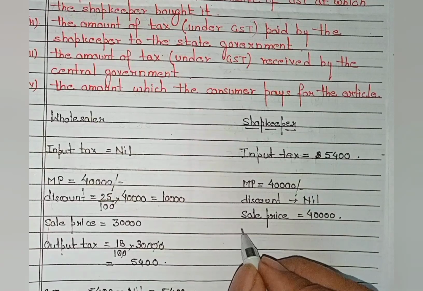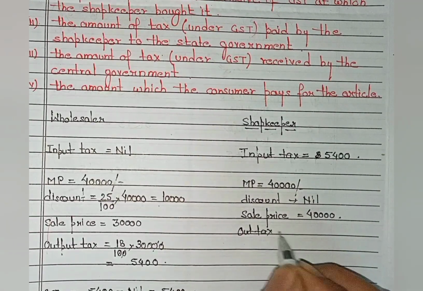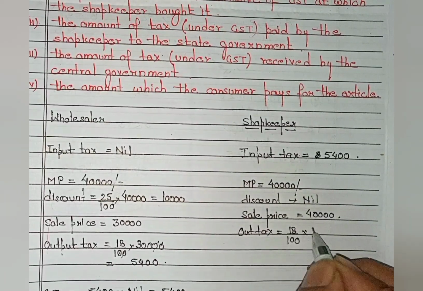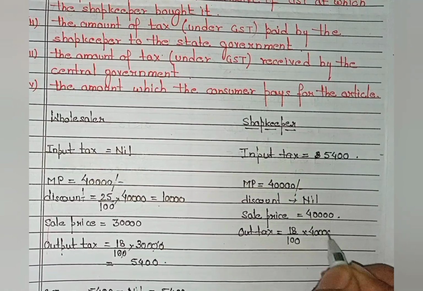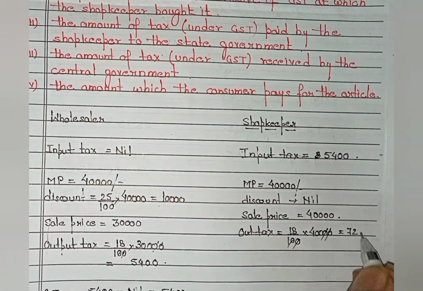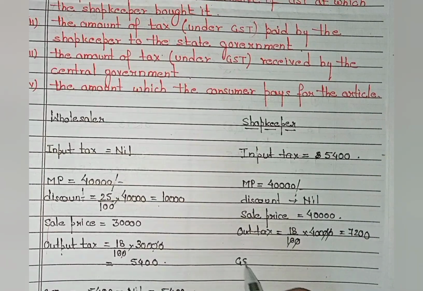Now on this we are going to calculate the output tax. It's again 18% of 40,000, that is 7,200.